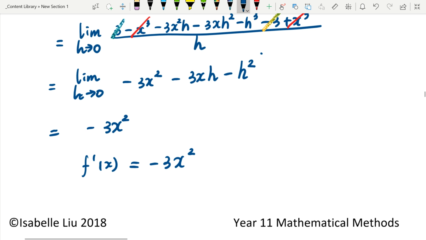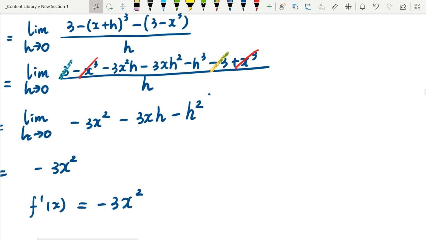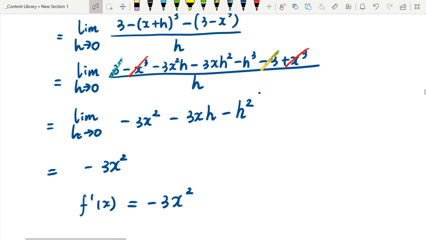I'm just showing you how to use first principle. I know you know the rules, but all the rules come from first principle. We will learn the shortcut as well, but this tells you why it's like that and where these things come from. You just need to know first principle. They won't ask you ridiculous questions; they're most likely to ask quadratic or cubic, the highest power you can get.